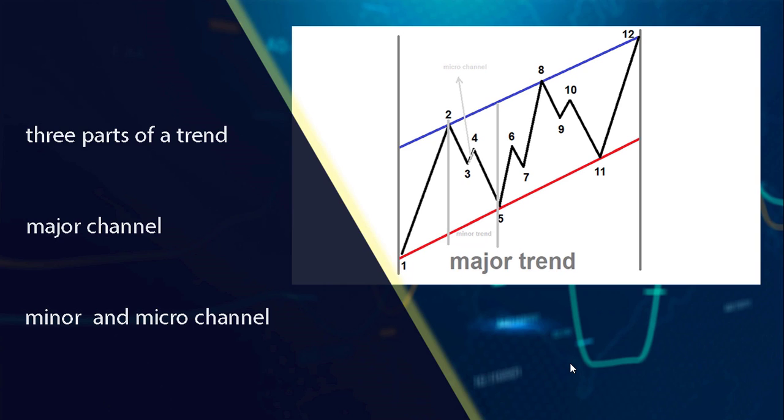A major trend, the greatest part, the biggest part, is the major trend that shows us the major movement of the market, the major traders' opinion. How do they believe and how do they predict the future?